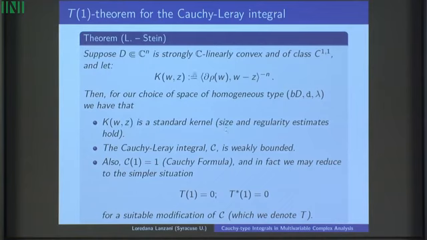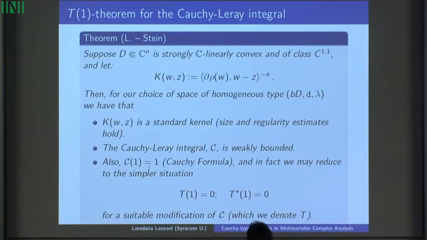Our kernel is precisely the denominator of the Cauchy-Leray kernel, and it meets all the properties of the T(1) theorem. But what is remarkable, and that's again the Cauchy formula springing into action, the Cauchy kernel reproduces analytic functions. 1 is the most analytic function you can think of. So C(1) is 1.